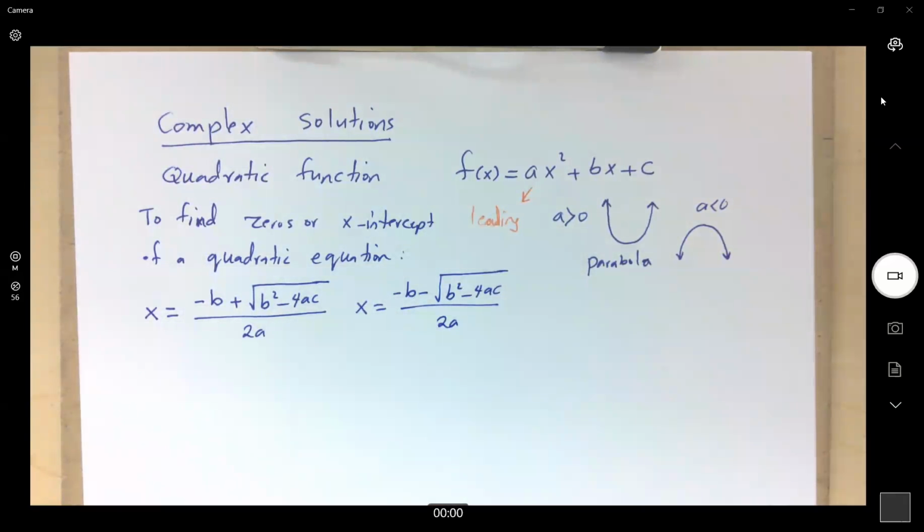When we solve these two, we can find the zeros, the x-intercepts of the graph. Sometimes there is no intersection between the graph and the x-axis.